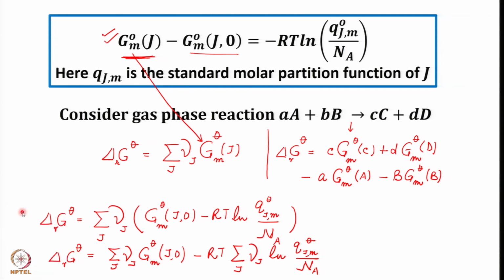What is simply done is, we use this equation which says that reaction Gibbs free energy under standard state conditions can be obtained from the standard state Gibbs function of the products and reactants, weighted by their stoichiometric number.